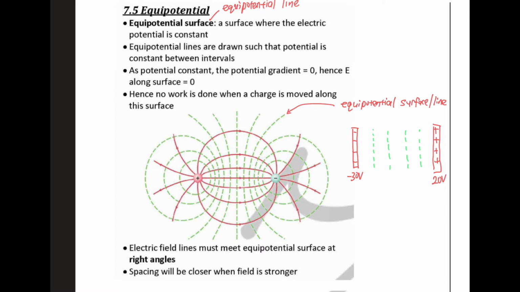So the equipotential surface or equipotential lines are drawn such that the potential is constant. Potential is constant, that means they have the same difference. For example, this is negative 20 volt, negative 10 volt, 0 volt, 10 volt, and then 20 volt.